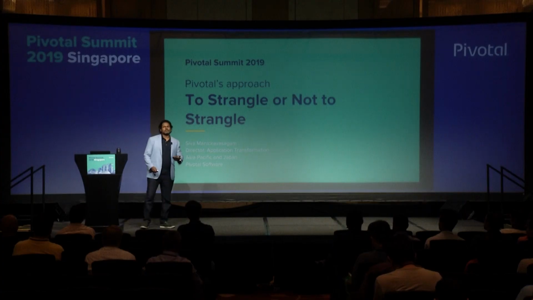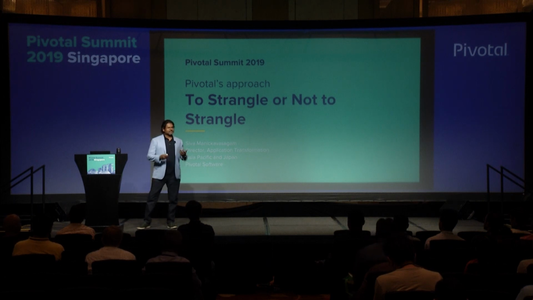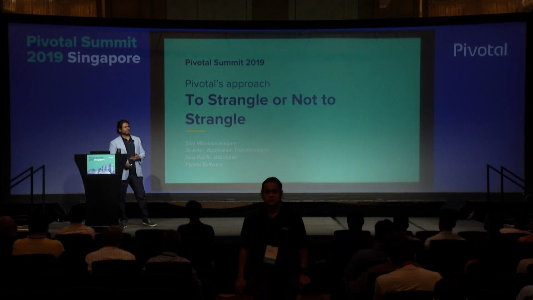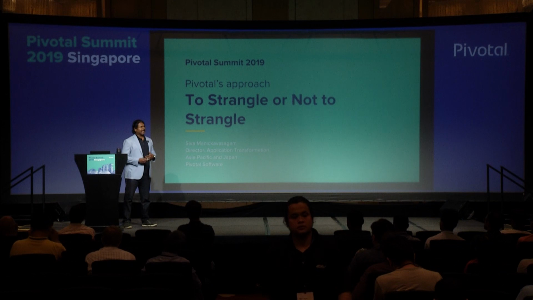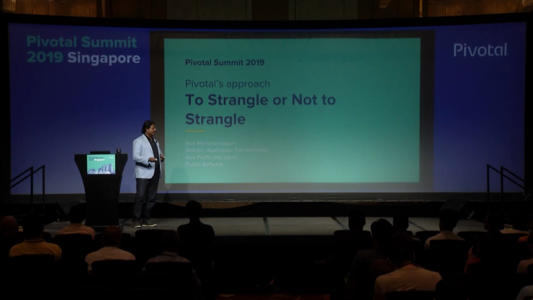So the topic is to strangle or not to strangle, but essentially it's about modernization strategies with large enterprises. That's what application transformation does, working with Fortune 500 customers and their legacy monoliths, modernizing and replatforming them onto Pivotal Cloud Foundry platforms.